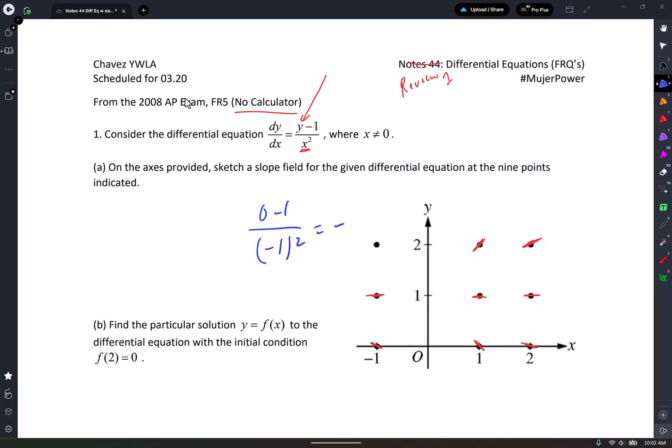Oh, yeah, you're right. All right, there we go. And then the one at negative 1, 2, that one's going to be a positive 1. And I think we're good. Hopefully there's no mistakes. Let me know.